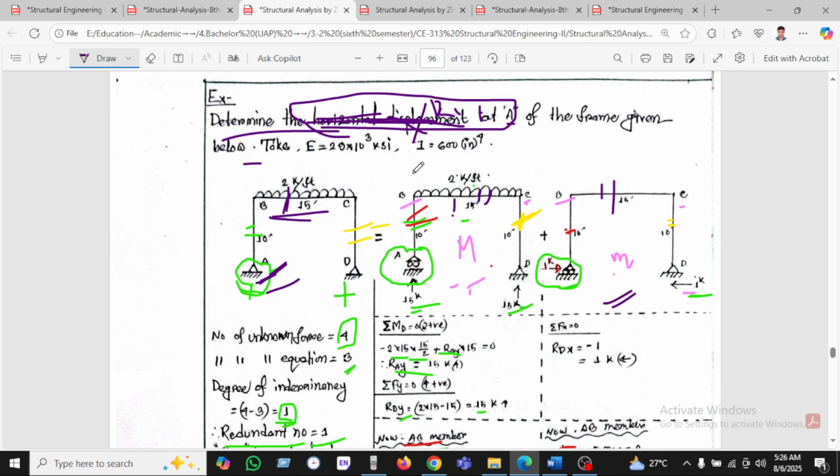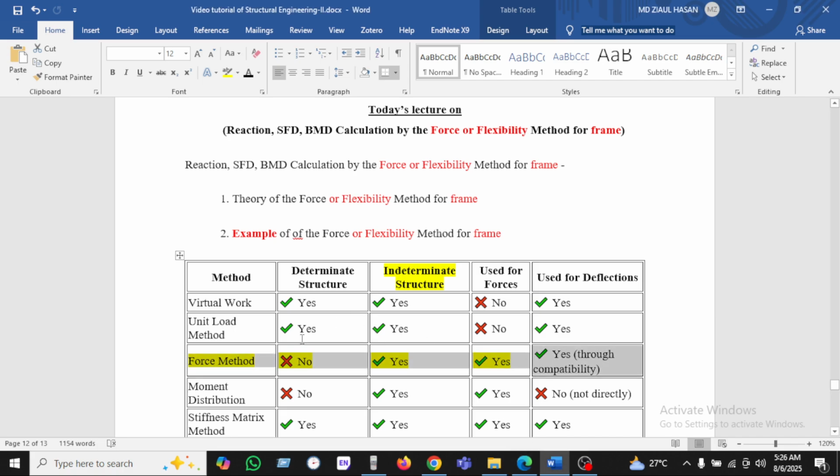One thing is why I say determine the force: because this is the force method, so we have to use the force method. That means we find the reaction force, shear force and bending moment for an indeterminate structure.